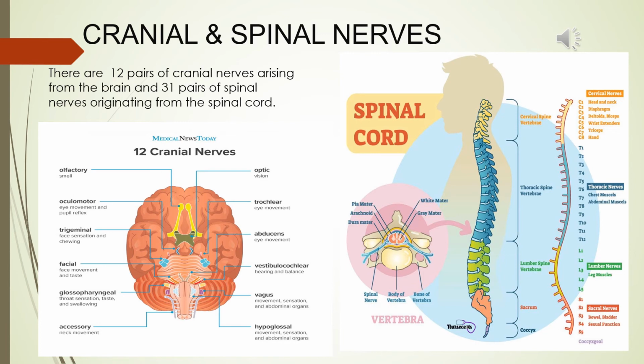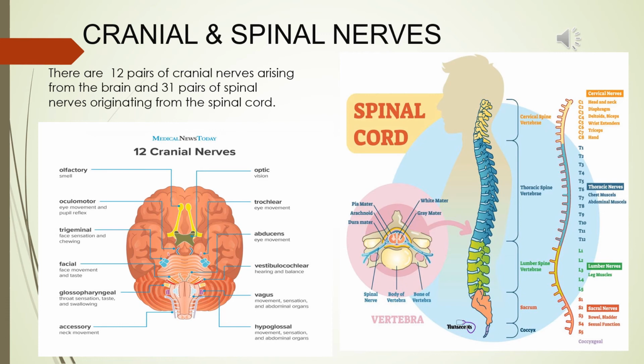Third one, trigeminal, that is responsible for face sensation and chewing. Fourth one, facial, that is face movement and taste. Next, glossopharyngeal, that is throat sensation, taste and swallowing. Accessory, that is neck movement. Optic, that is vision.